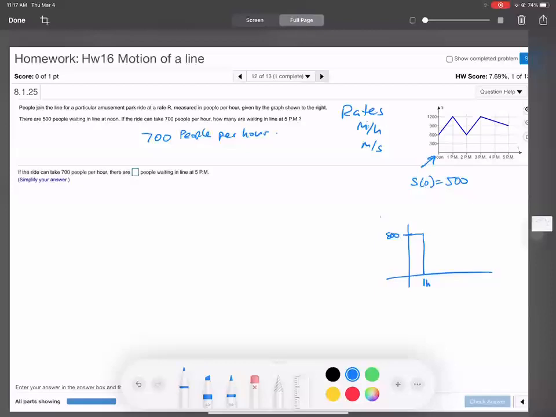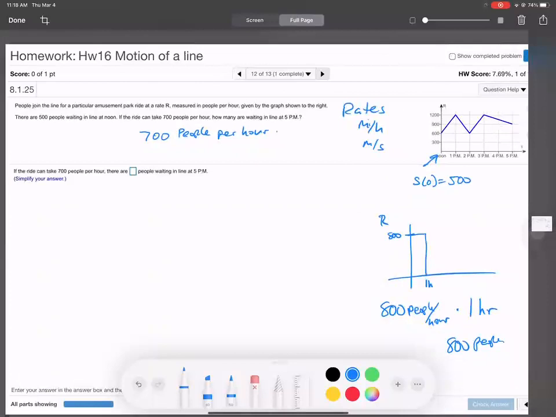This is the rate, 800 people per hour times 1 hour. Isn't that 800 people lined up? Here's the idea: if I give you a rate and I multiply by a time, that's our value. 800 people per hour times 1 hour, the hours cancel out. We have 800 people lined up.